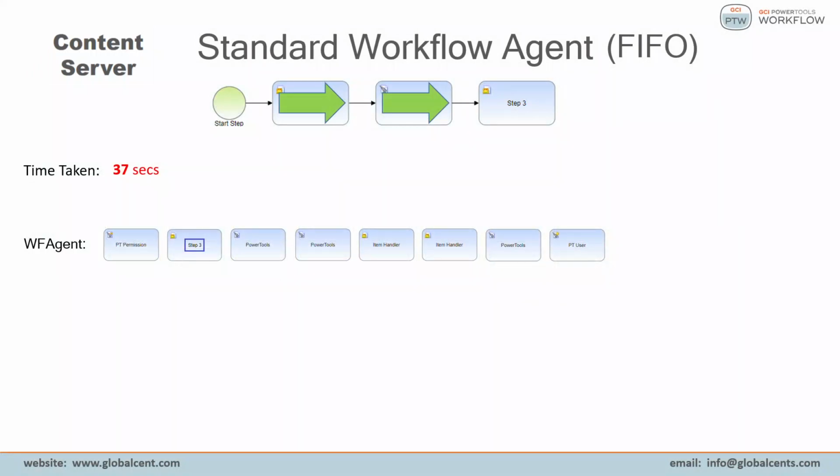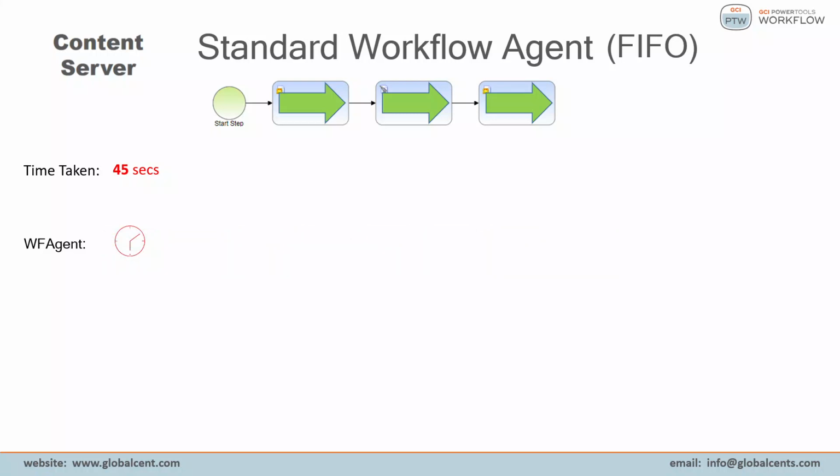This is repeated until there are no further steps to process. Our example workflow took 39 seconds to complete. The workflow agent then goes to sleep for the sleep interval.